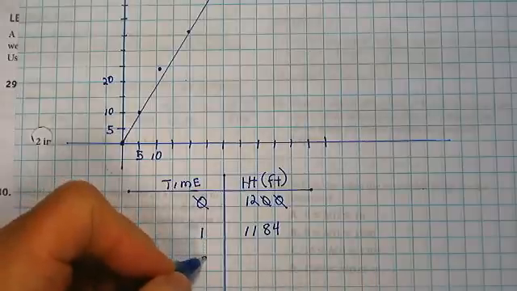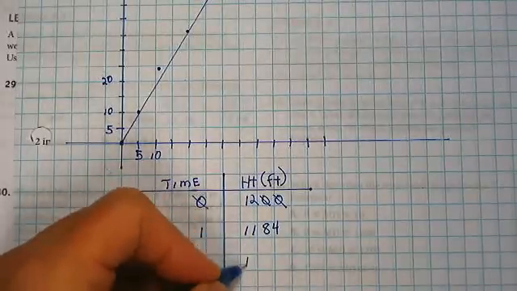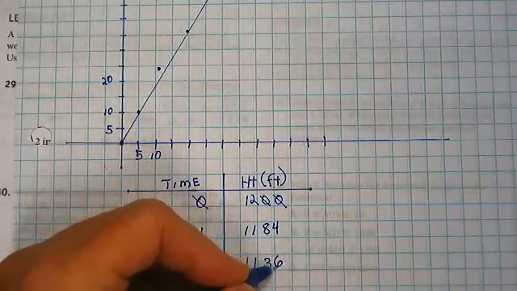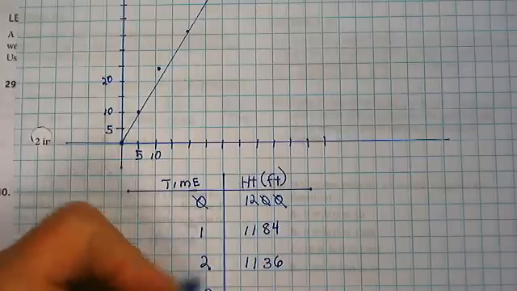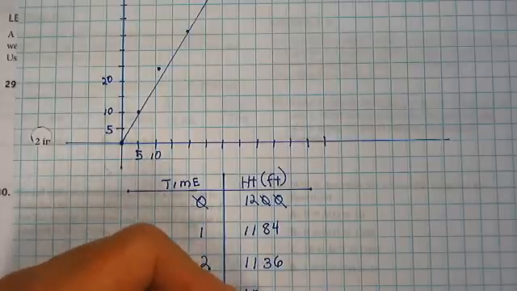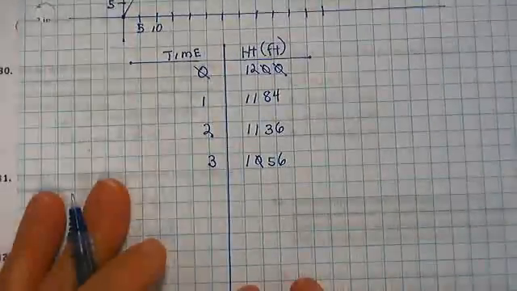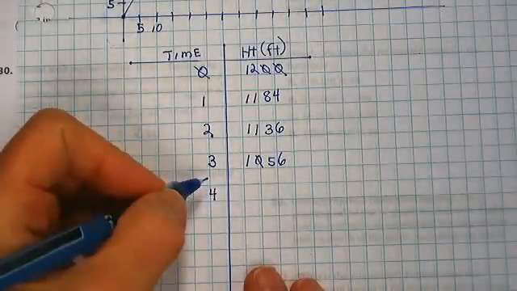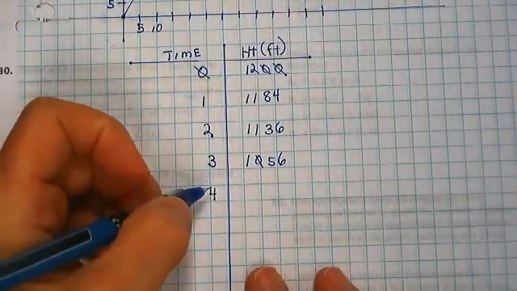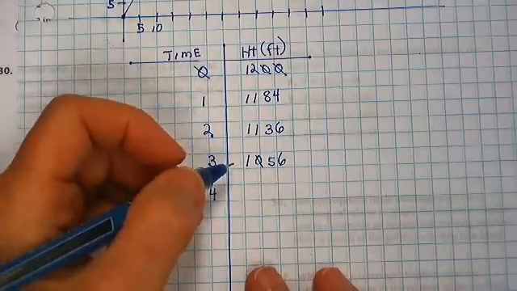At 2 seconds, the height is 1136. At 3 seconds, 1056. I'm afraid I'm going to run out of room here. 4 seconds, still we're subtracting from 1,200.